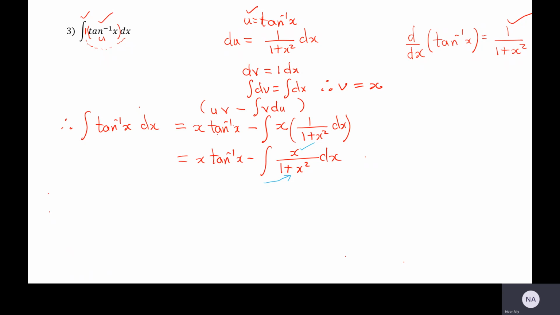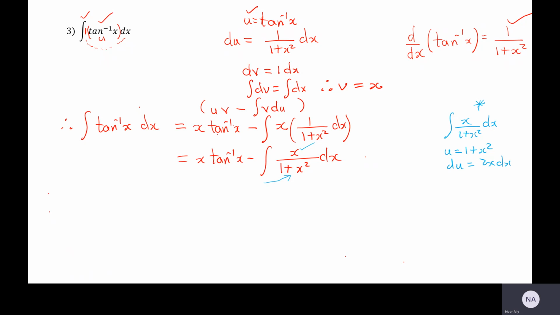Now, in u substitution, we allowed 1 plus x squared to be equal to u, then we found its derivative. Now, I want you to watch this very carefully. I'm going to do this on the side. So if I have the integral of x over 1 plus x squared dx, and you let u equal 1 plus x squared, du is equal to 2x dx, and then substitute and work it out. But watch what I'm going to do.